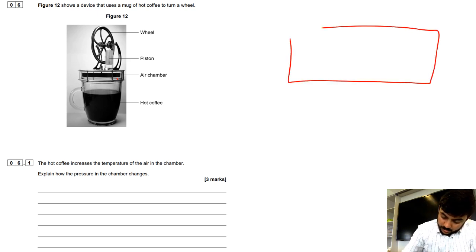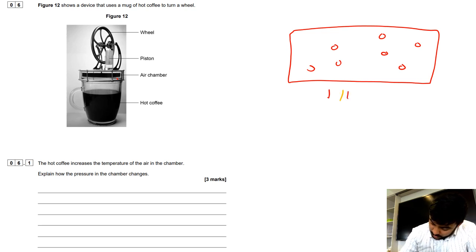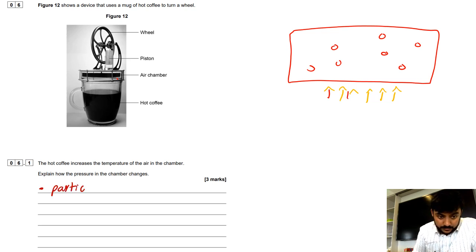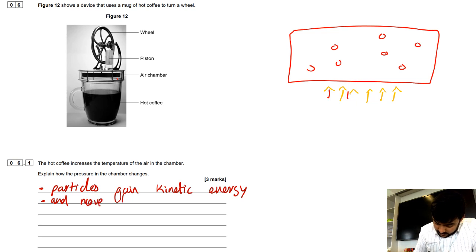Here I'm drawing the chamber out, and there are particles of gas in the chamber, and the heat is being supplied from the bottom. When the particles of gas have been heated up, they gain kinetic energy, which means they move faster.